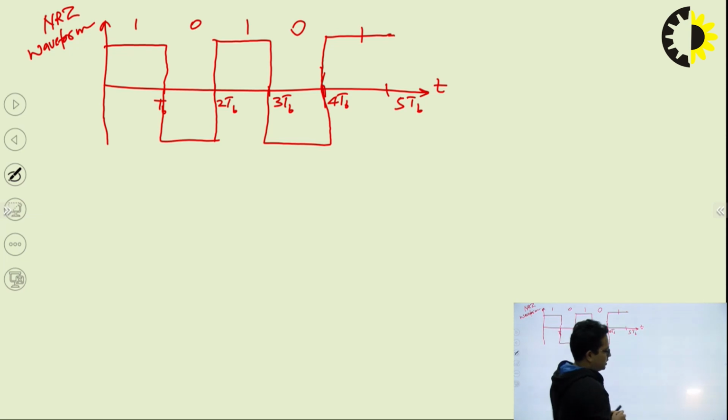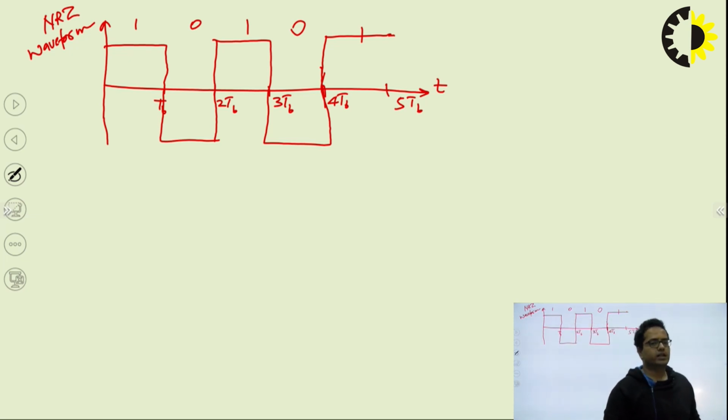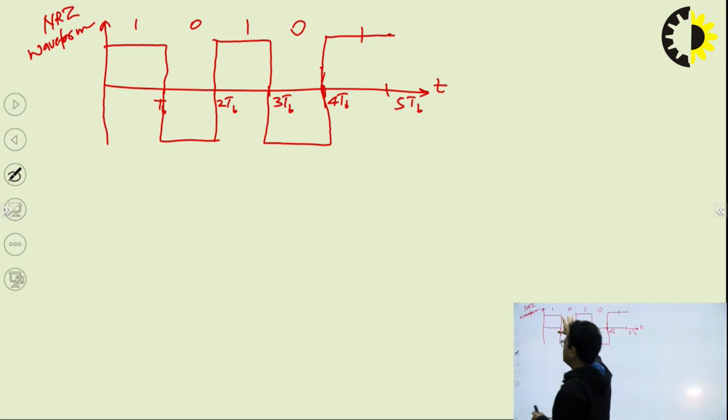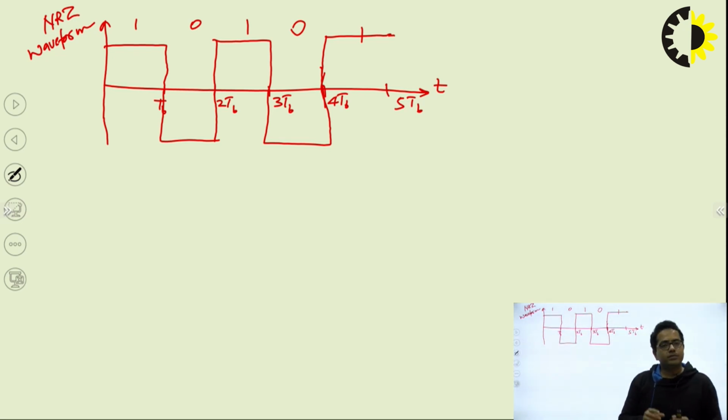So this is the NRZ encoding that is done at the transmitter side. Whenever this signal is received, obviously it is not going to be received as ideal as in this case. It will not be a complete square pattern.